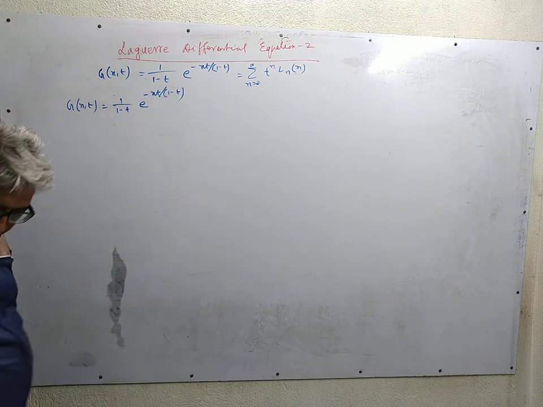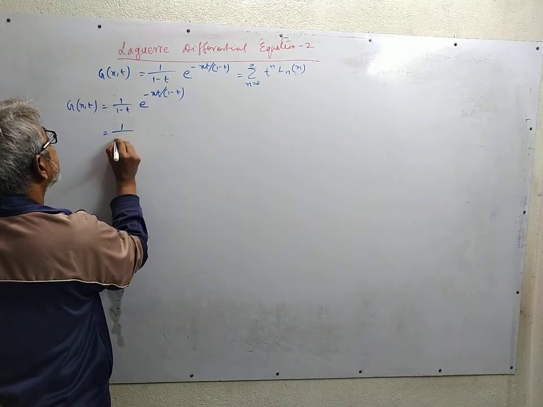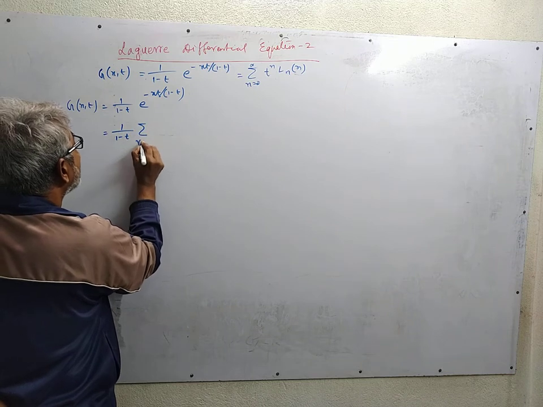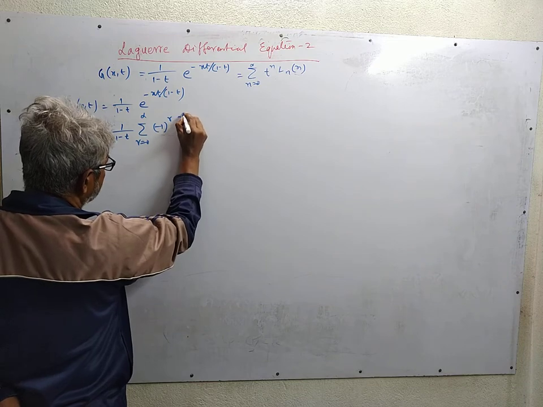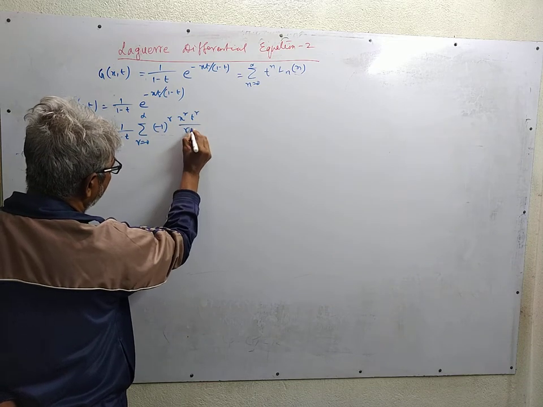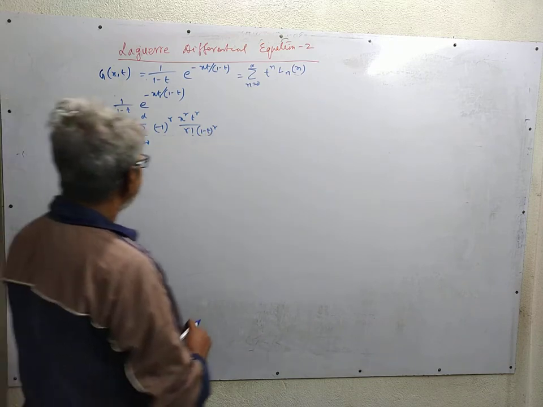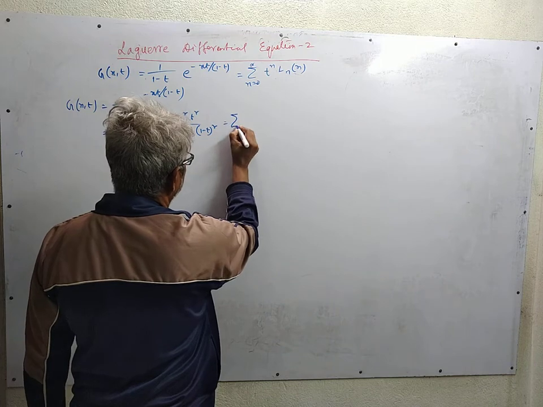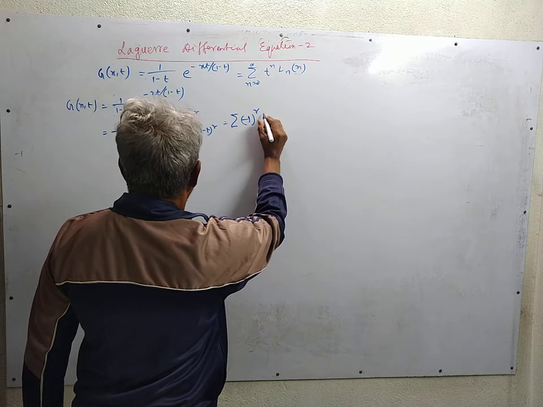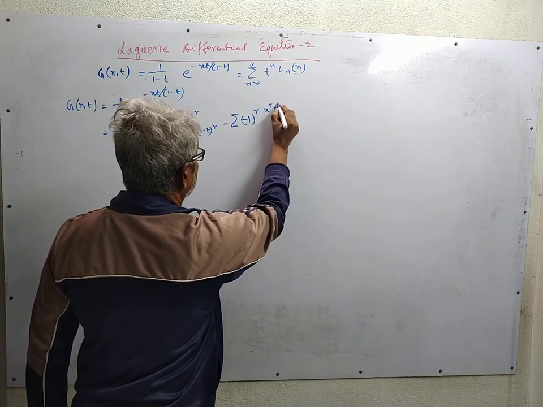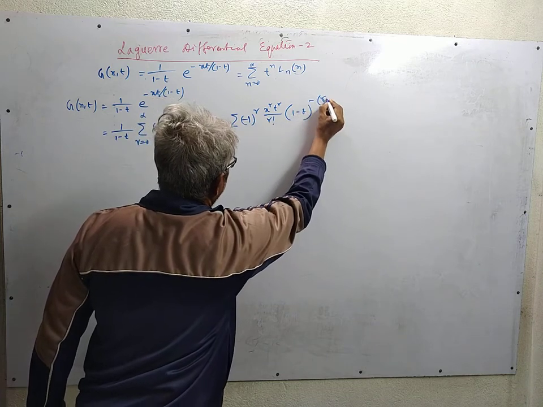If we expand the exponential function in a Maclaurin series, we get 1 over 1 minus t, summation over r from 0 to infinity of minus 1 to the power r, x to the power r, t to the power r, divided by r factorial, 1 minus t to the power r, which can be written as minus 1 to the power r, x to the power r, t to the power r, divided by r factorial, 1 minus t to the power r plus 1.